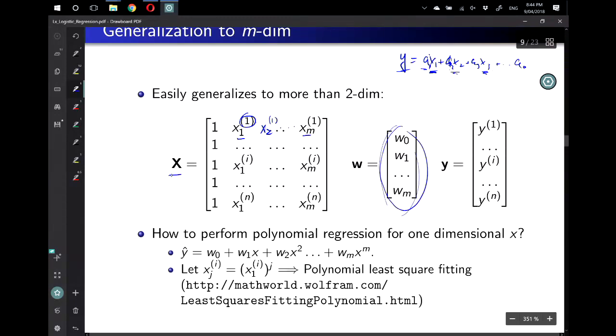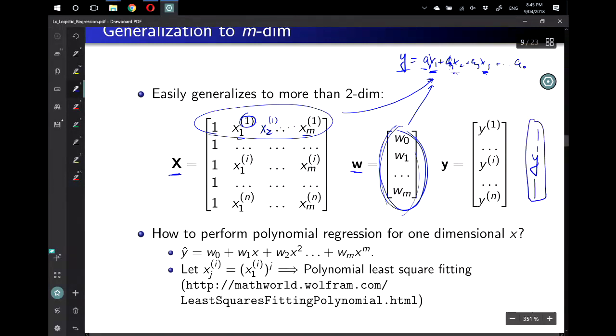And the corresponding A is going to be this W. So if you use X times W, essentially if you multiply this one with this one, it gives you this one. Right? So the idea is that this easily generalizes to more than one dimension. Okay, you don't even need to do anything. And also, by the same token, you realize that the best estimated Y satisfies the same condition.